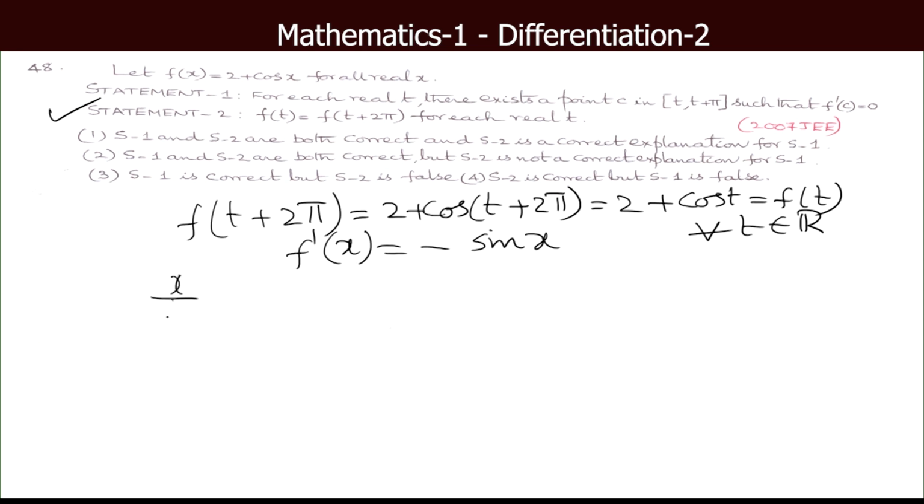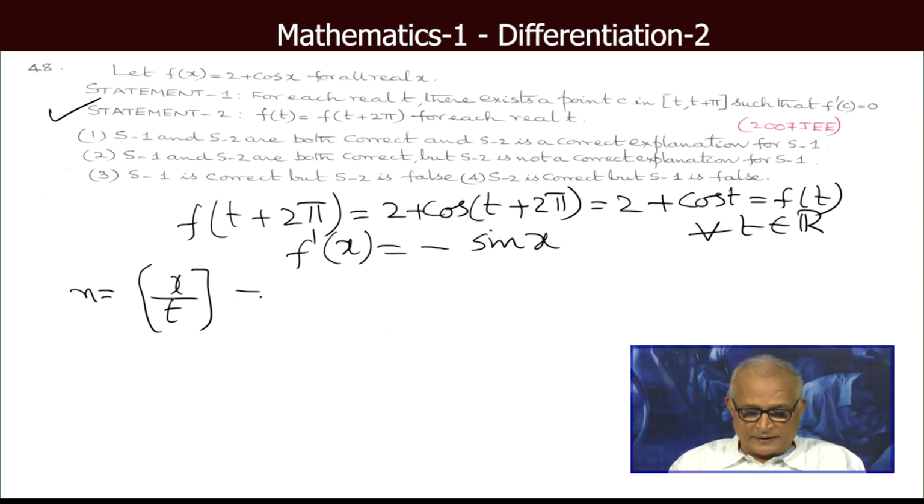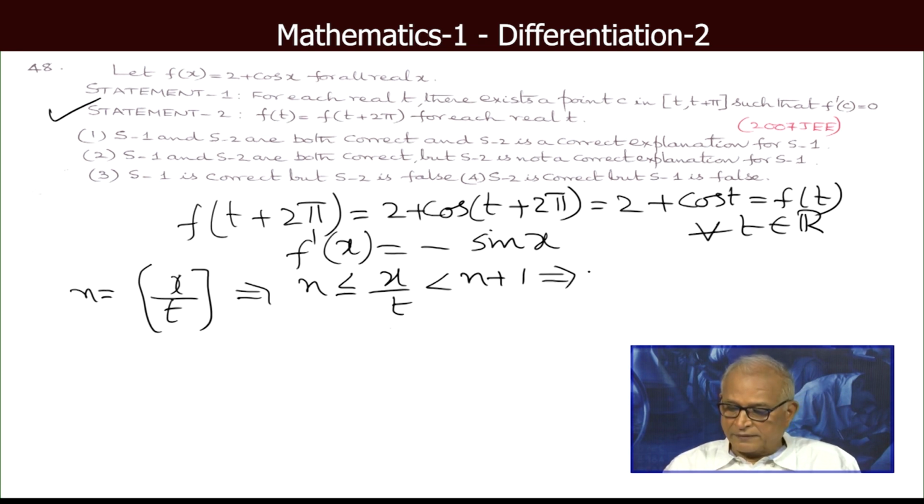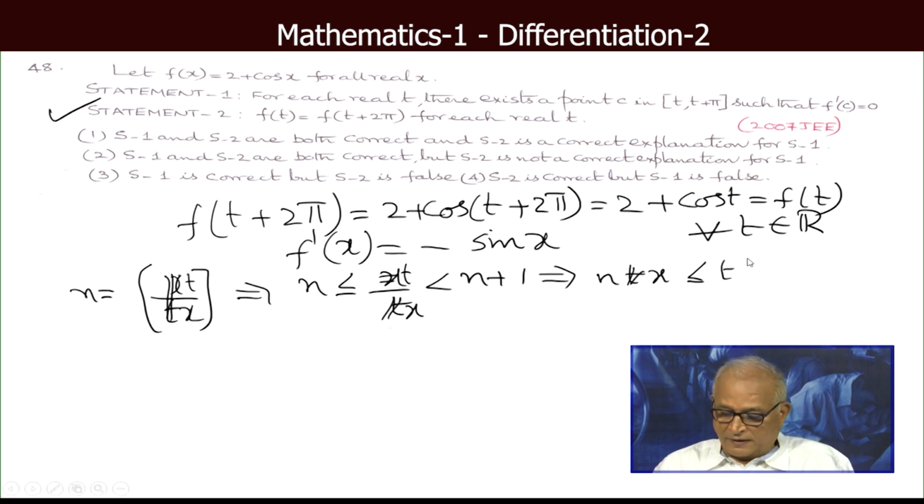Let the integral part of t by x be n. This implies n less than or equal to t by x less than n plus 1. This implies n x less than or equal to t less than n x plus x.